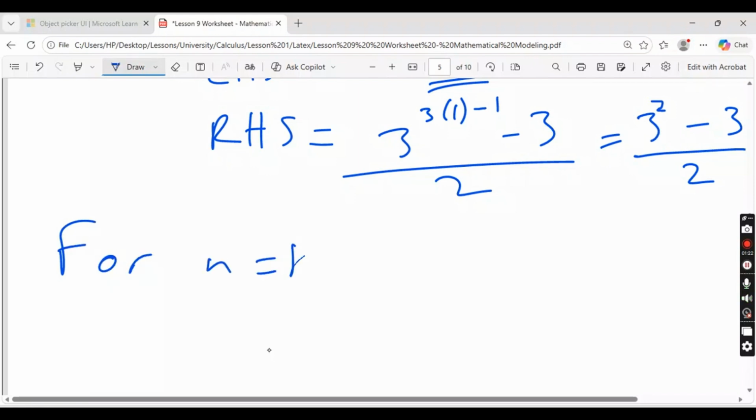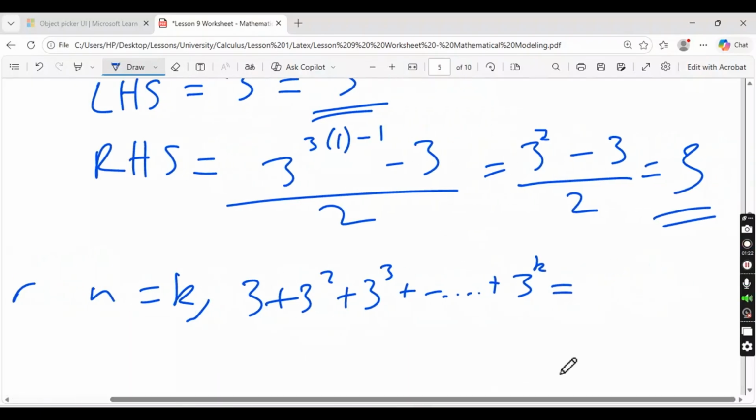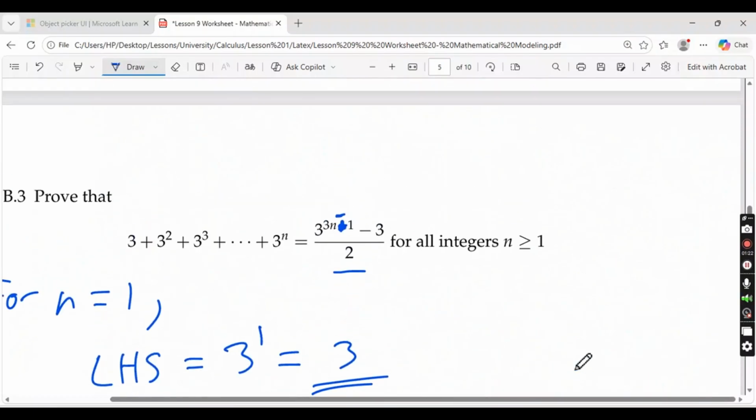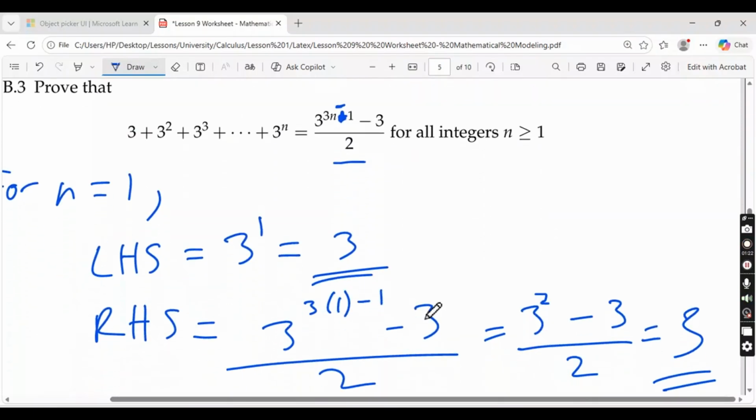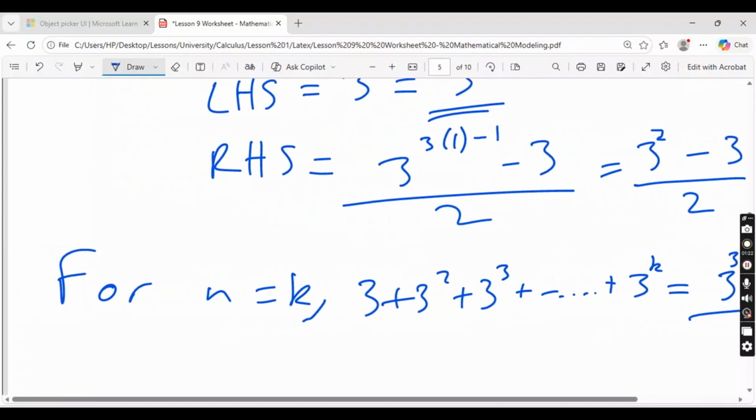We write 3 plus 3 squared plus 3 cubed plus ellipses plus 3 to the power of k is equal to 3 to the power of 3k minus 1, minus 3, all over 2.